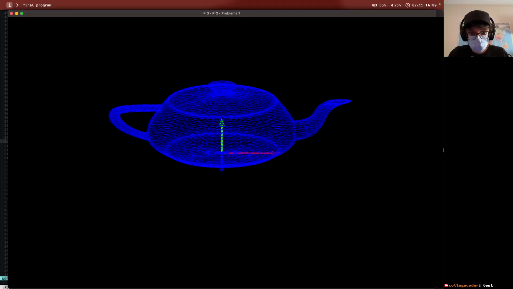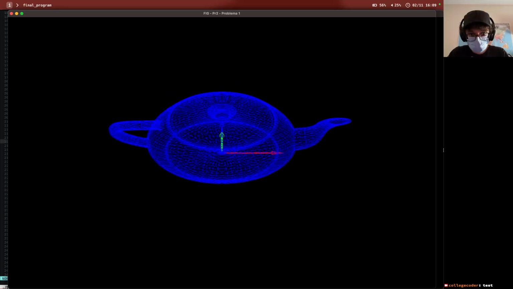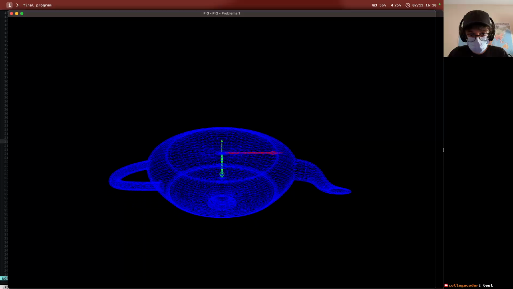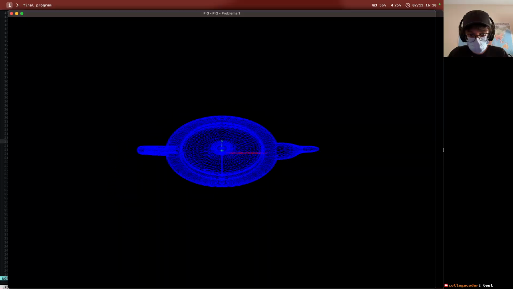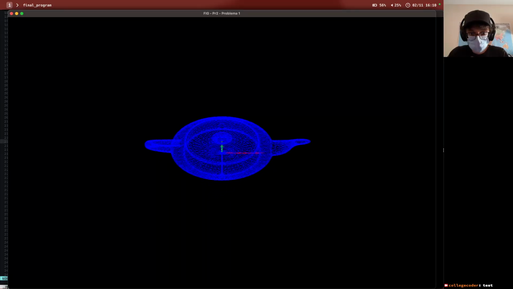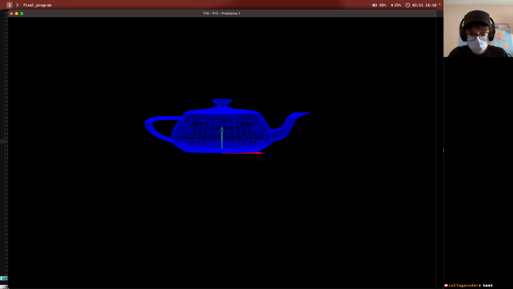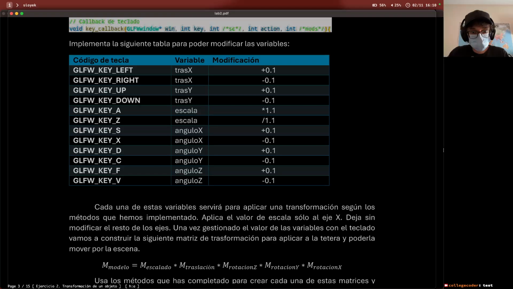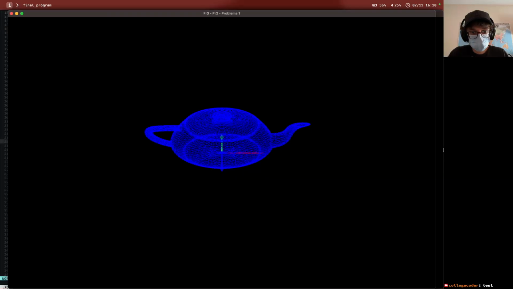This way it goes the other way around. That's very odd. S and X. S and X are supposed to change the angle on X, right?